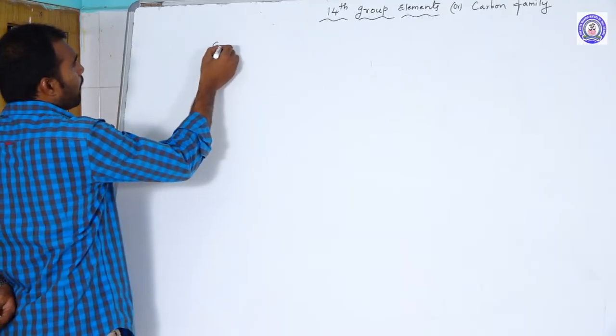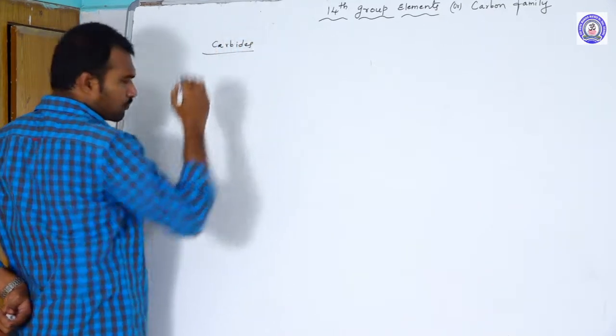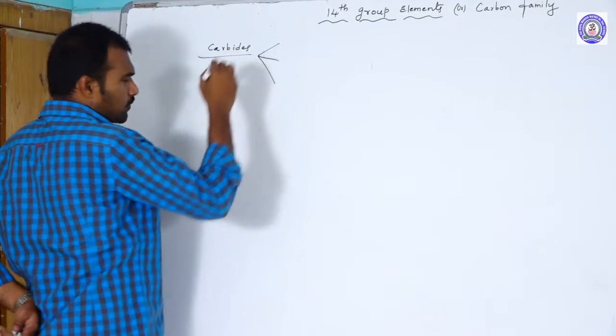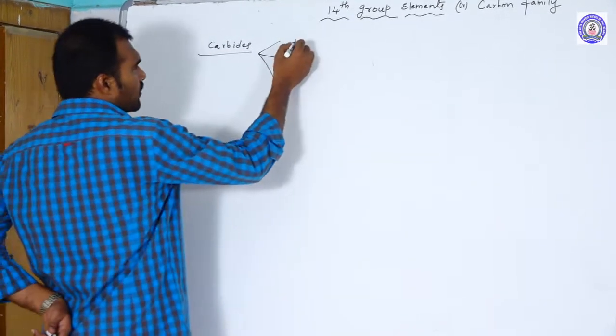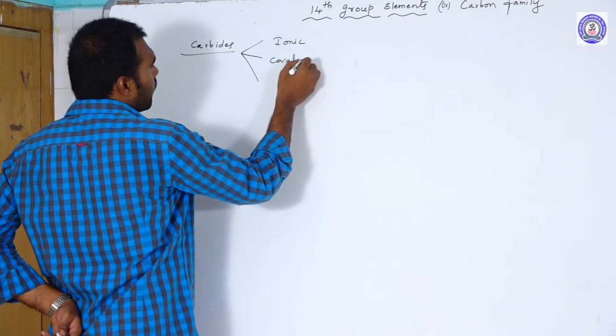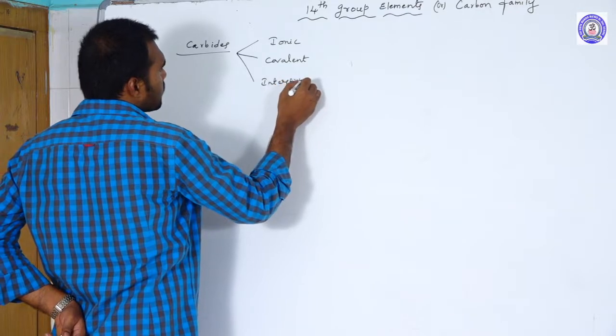Next, carbides. We divide carbides into 3 types: ionic carbides, covalent carbides, and interstitial carbides.